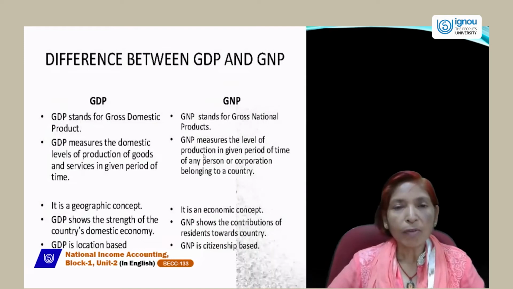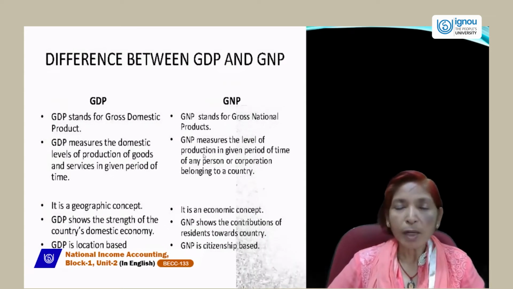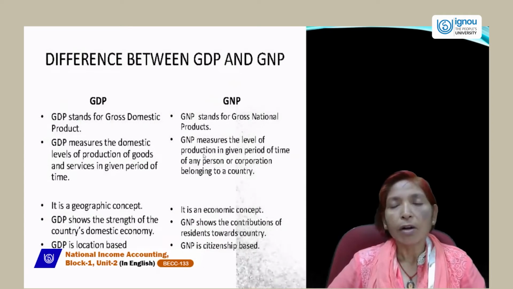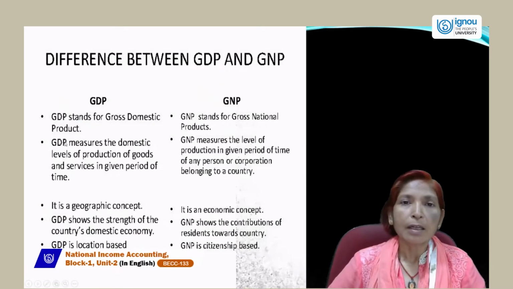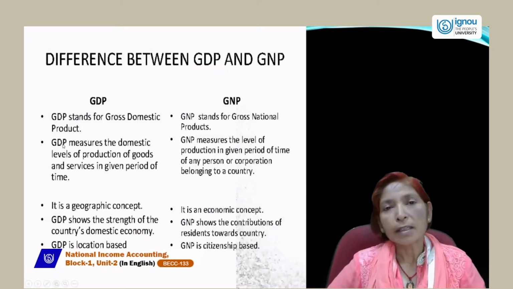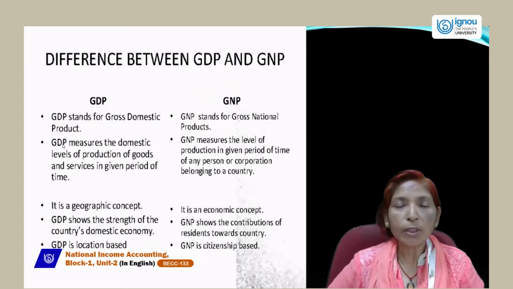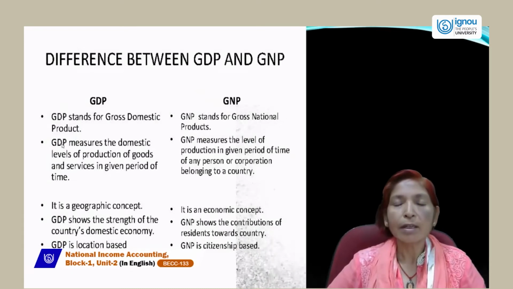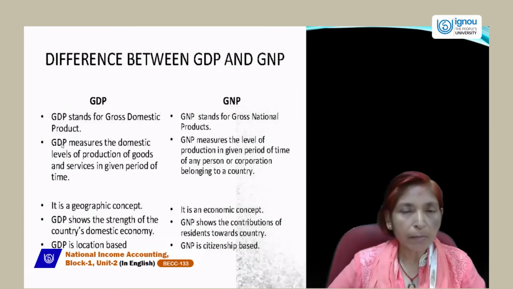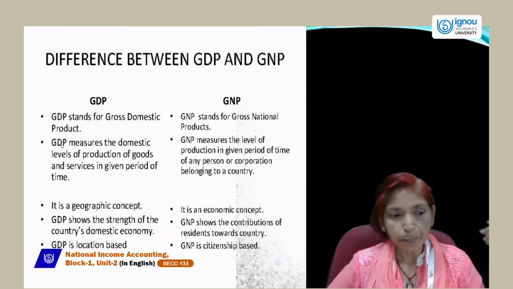In GNP, we will not take the production of non-resident people. We always take normal resident persons' contribution in production. But in GDP, we can take both resident and non-resident persons. If both are contributing in the production of goods and services during an accounting year, that can be included in GDP, but not in GNP.